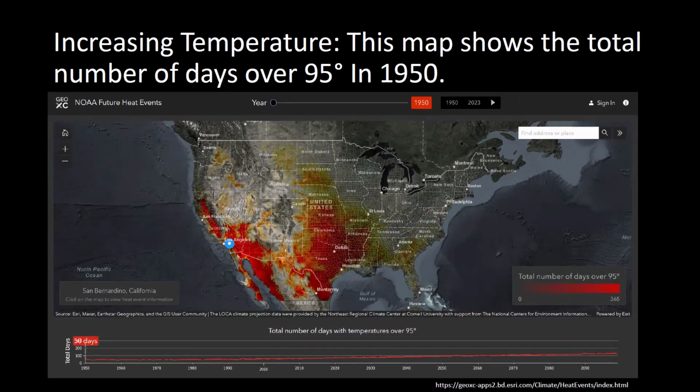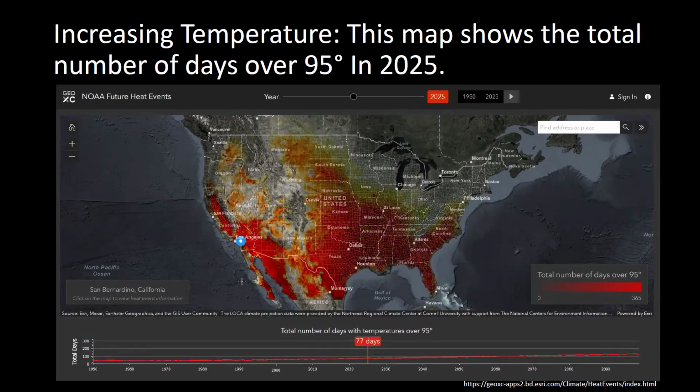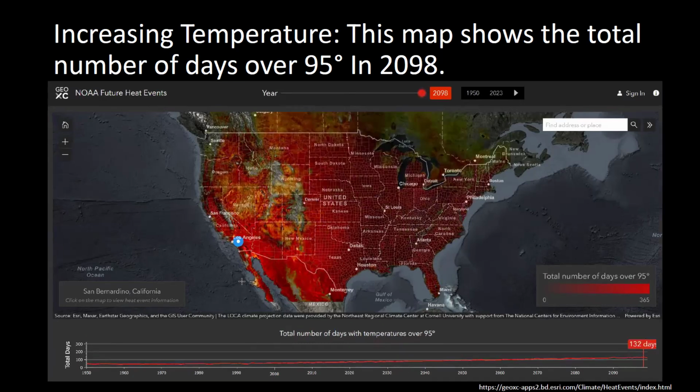It goes from mostly Texas and Oklahoma to California, Nevada, Arizona, Texas, Oklahoma, Kansas, Missouri, and then all the southeastern states that are usually much more humid and not quite as hot. In 2098, it looks like it's going to be pretty gnarly, right? So this is what the futurecast is.